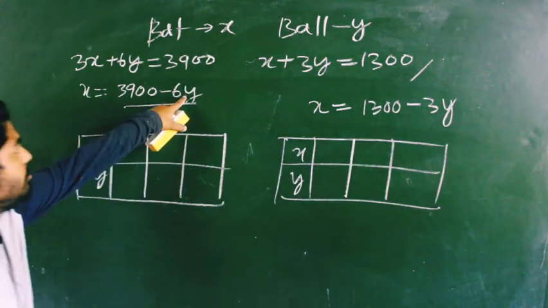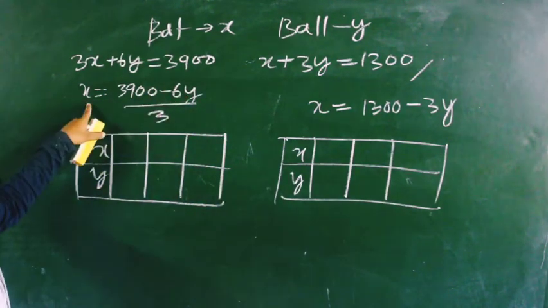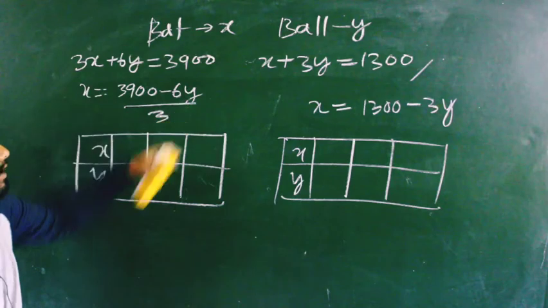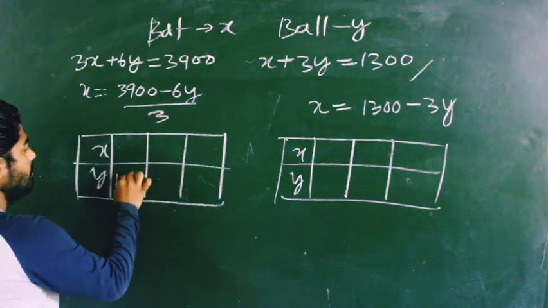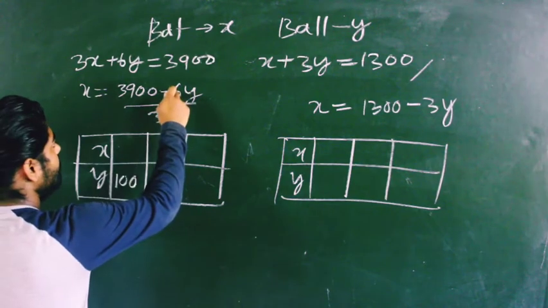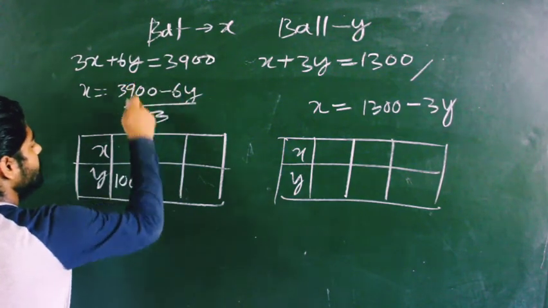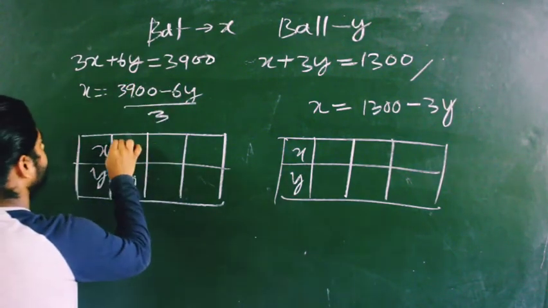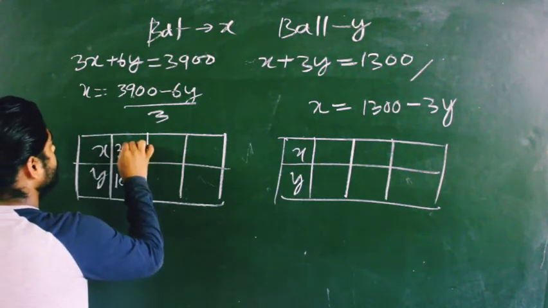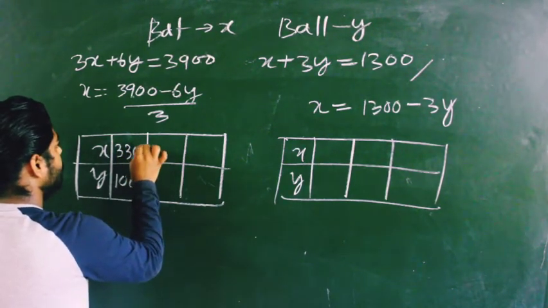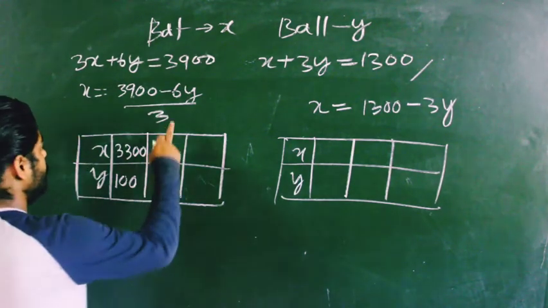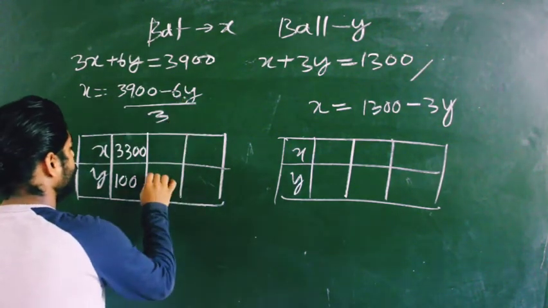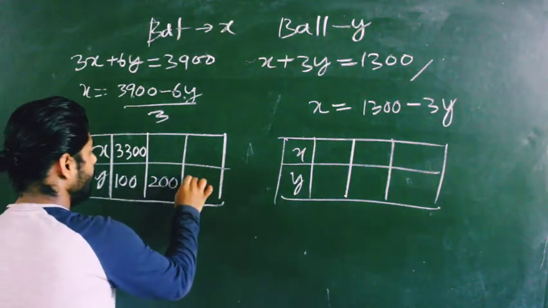So here I have to choose a value of y in order to get the value of x. So let's say y equal to 100. So it will become 600. 600 minus 3900 will become 3300. Again we have to assume 200, then we'll assume 300.